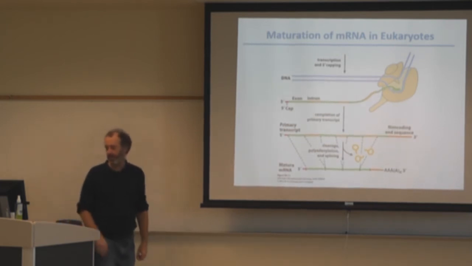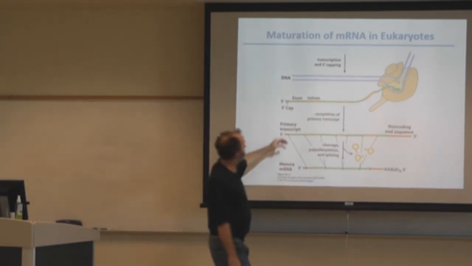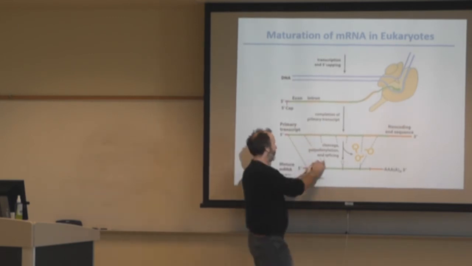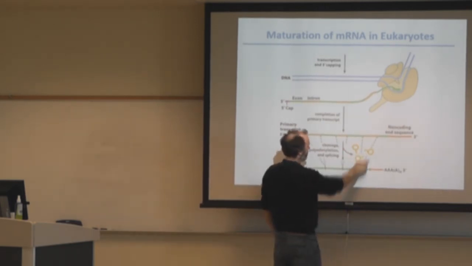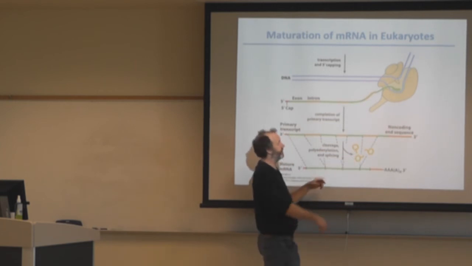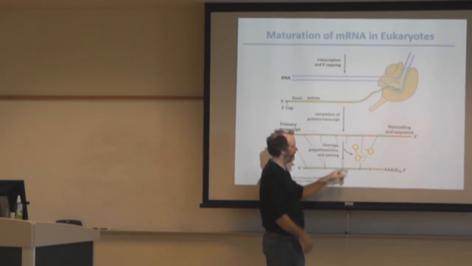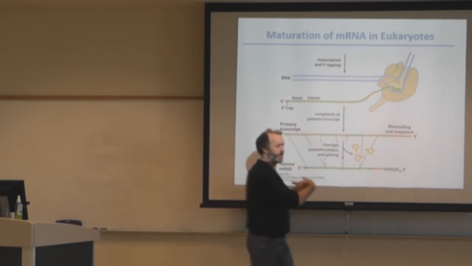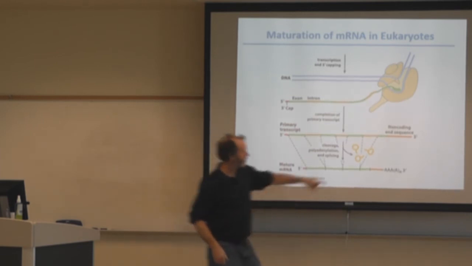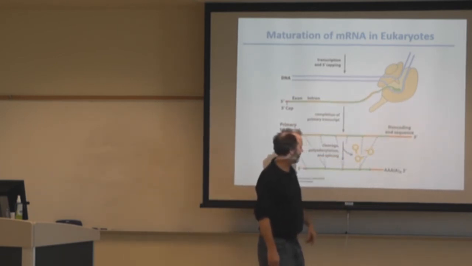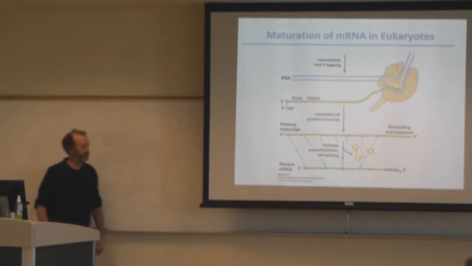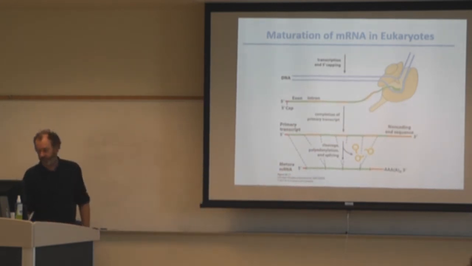So this is the overall process. As we get transcription, the cap gets added, introns are spliced out. These are the lariats. You'll see that these get spliced out and they form a lariat shape, because you have a 5' to 2' lariat structure. So this is all bound together. And then you have your mature messenger RNA, after you have the poly-A also.